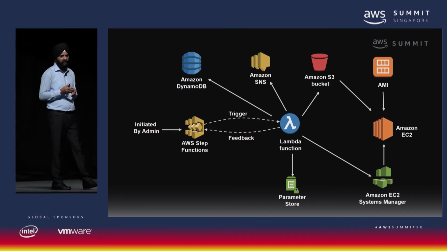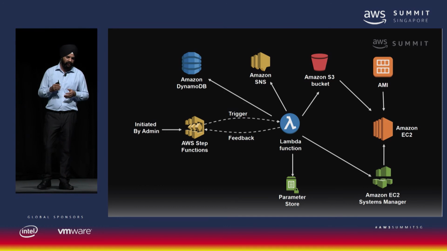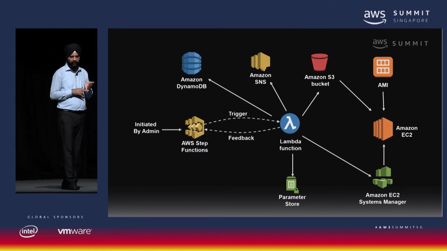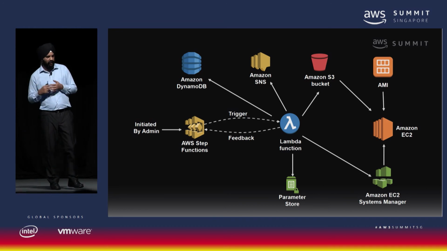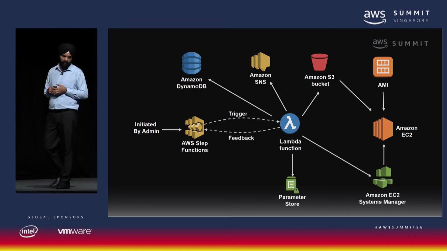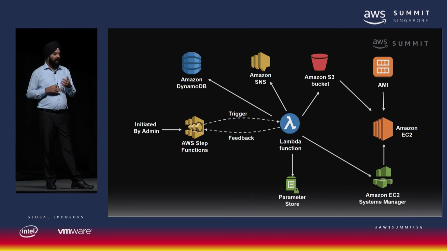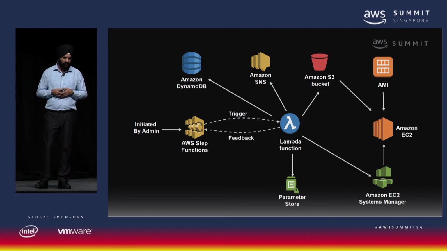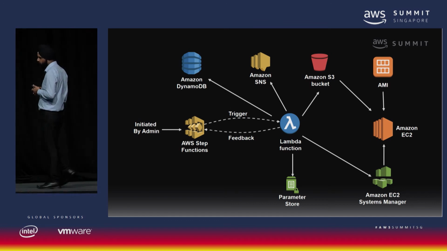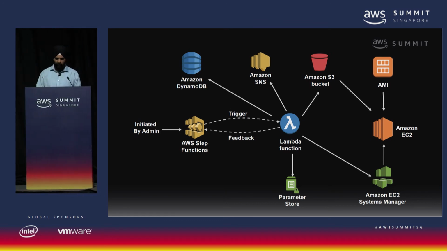The Lambda functions in turn coordinate the task execution with various services like Amazon DynamoDB. What's the purpose of DynamoDB? I will explain that later when I give you a demonstration of this functionality. And then of course EC2 Systems Manager, which actually executes your required commands on EC2 systems. So let's dive straight in, and I'll demonstrate on the laptop now and log into the AWS console to show you how it works.